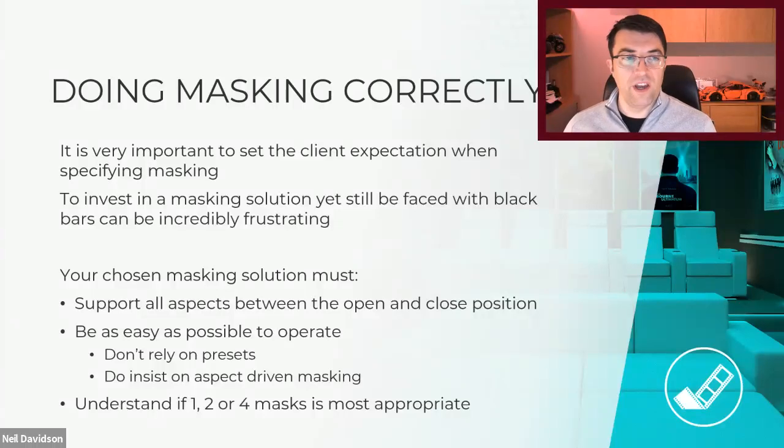Now, what you will find is that for a well-sized 1.78 aspect screen, the left and right speakers typically will be outside the screen with the center speaker behind it. Therefore, the masking won't cover that speaker.